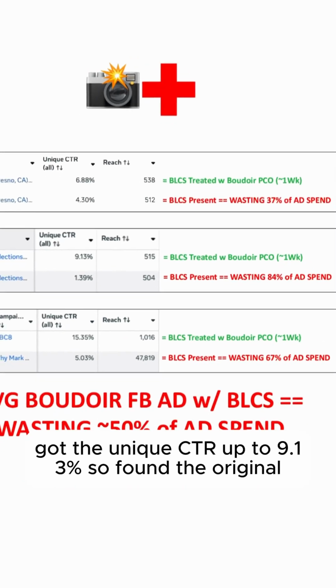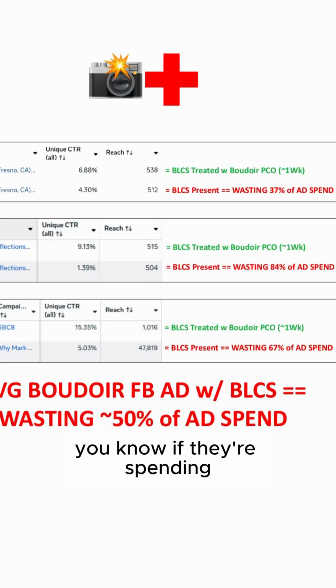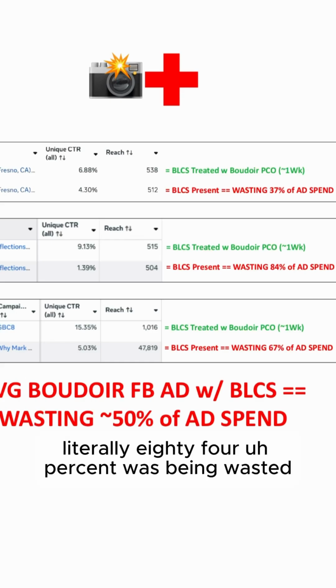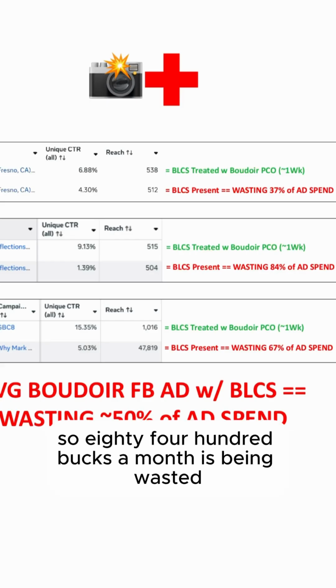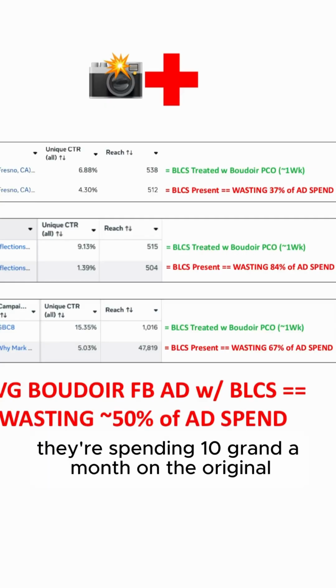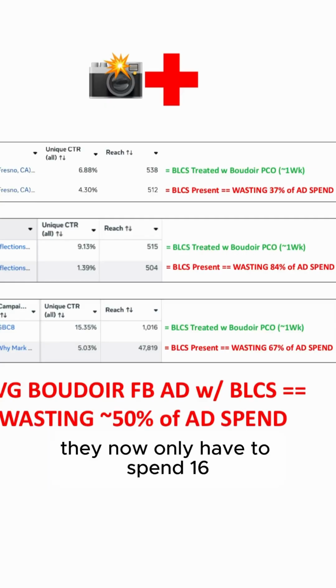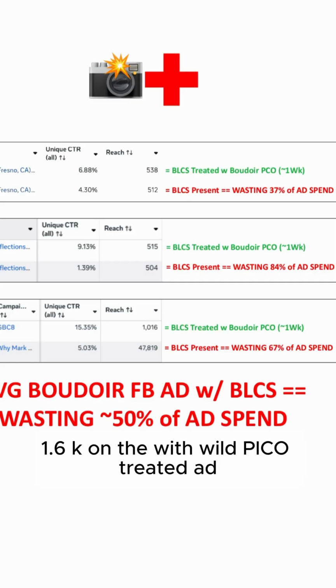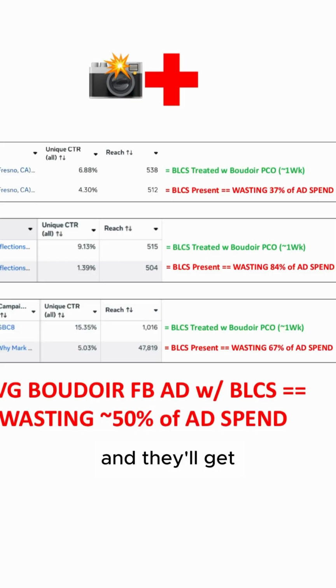So found the original, if they're spending 10 grand a month on the original Boudoir Facebook ad, it was wasting, literally 84 percent was being wasted. So $8,400 a month is being wasted. So if they're spending 10 grand a month on the original, they now only have to spend 1.6K on the Boudoir Pico treated ad, from 10K to 1.6K, and they'll get that into the same number of women's brains in both scenarios.